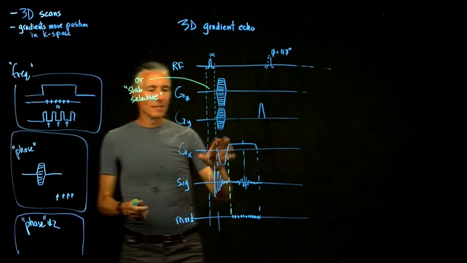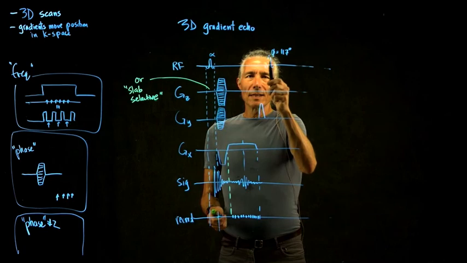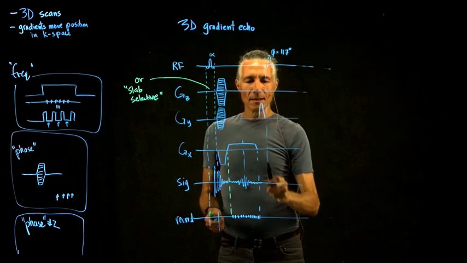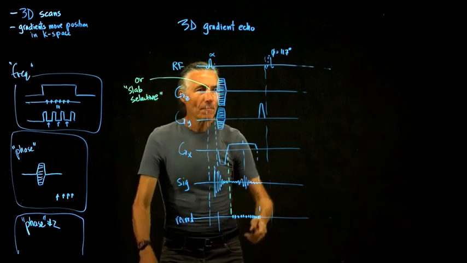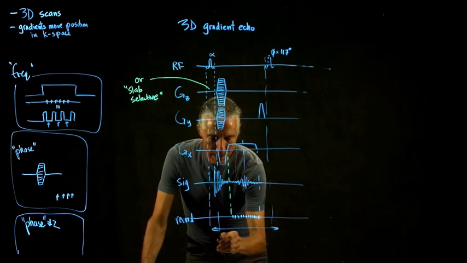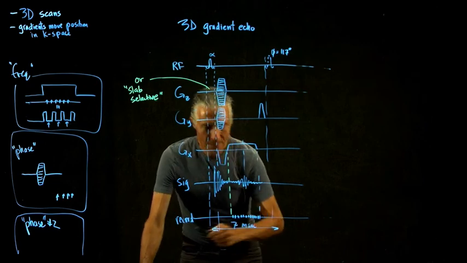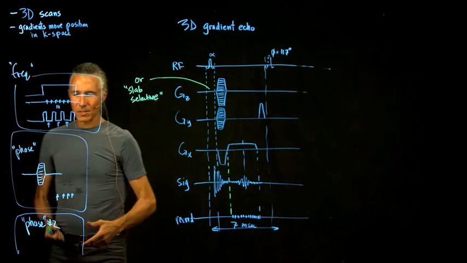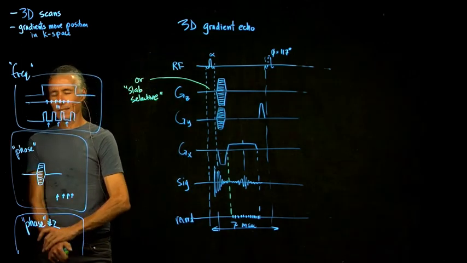So there's some additional things before you do it again, but the idea is we need to do it again really quickly. And how quickly? This time right here could be something like 7 milliseconds. So that's really quick. That's just less than a hundredth of a second.